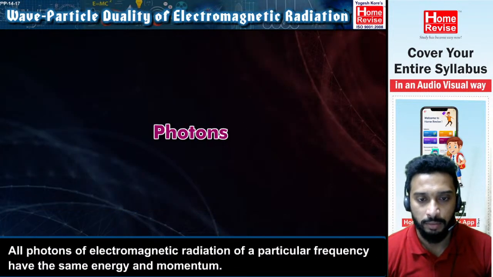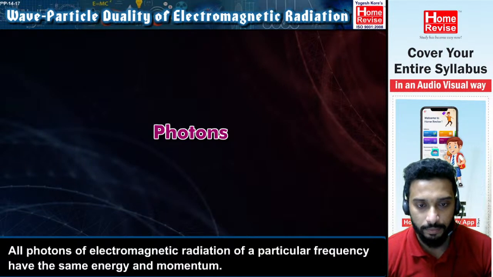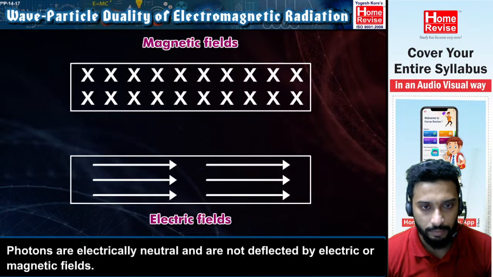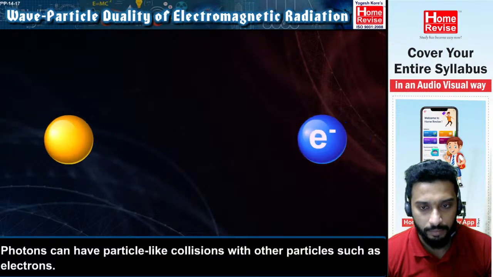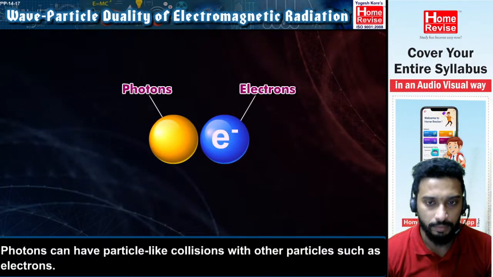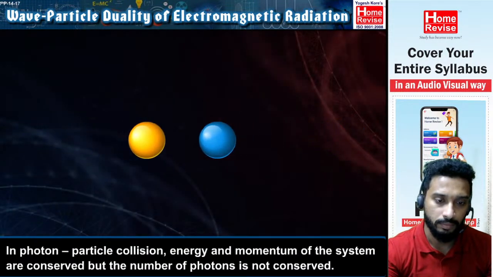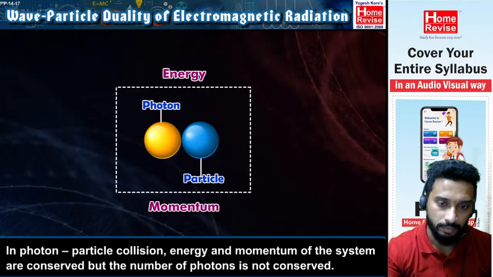All photons of electromagnetic radiation of a particular frequency have the same energy and momentum. Photons are electrically neutral and are not deflected by the electric or magnetic field. Photons can have particle-like collision with other particles such as electron. In photon-particle collision, energy and momentum of the system are conserved but the number of photons is not conserved.